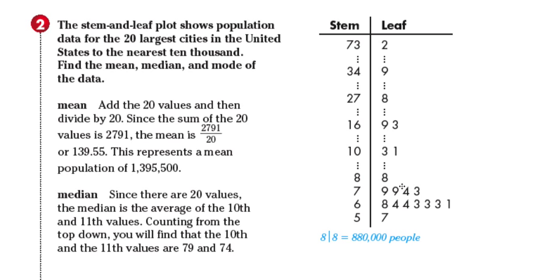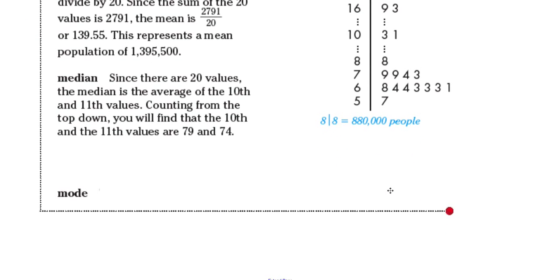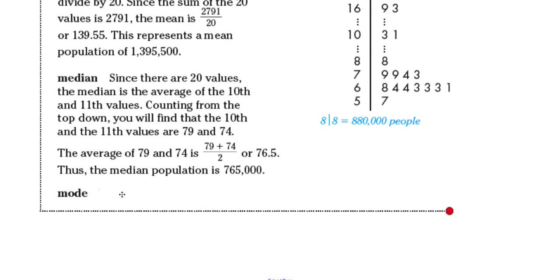That becomes the two middle values. So the average is 76.5 because you add 79 and 74 divided by 2. Which means that the median population is 765,000.